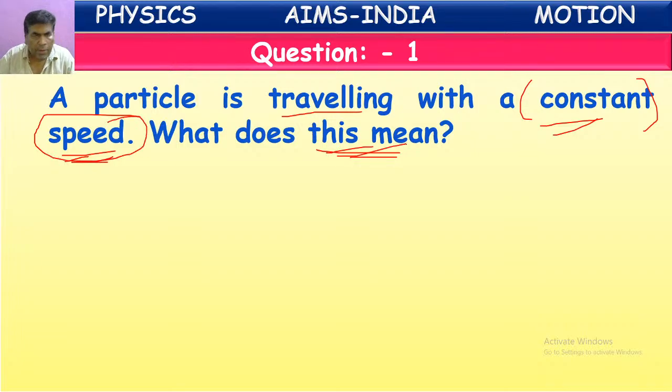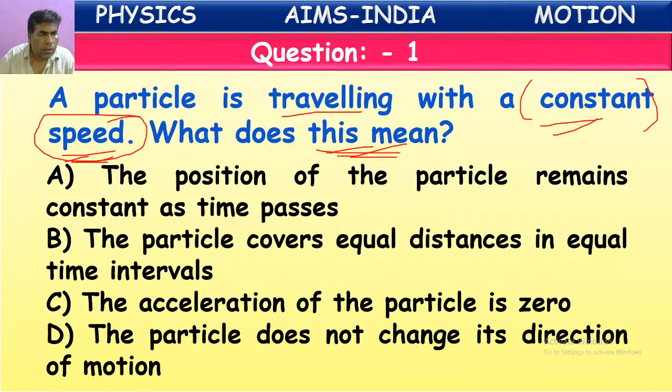What does this mean? Option A: the position of the particle remains constant as time passes. What does it mean? Time is changing, but the position of the body is not changing.